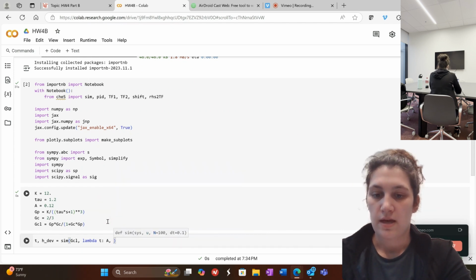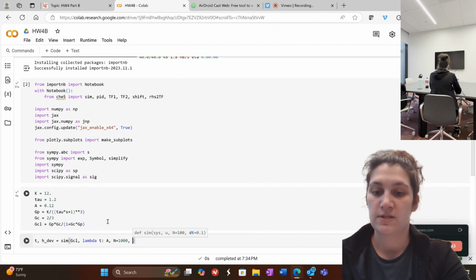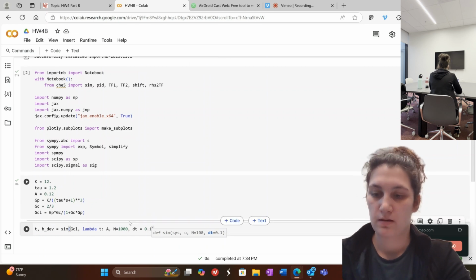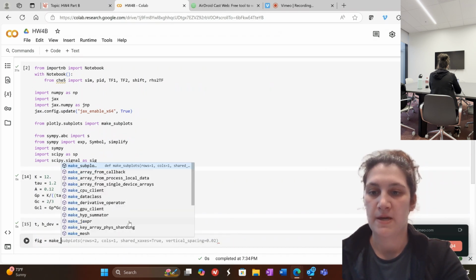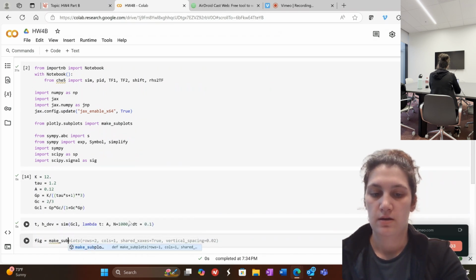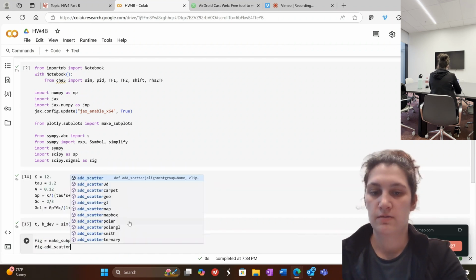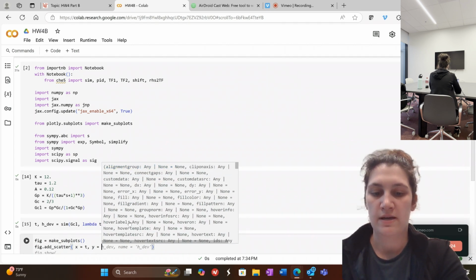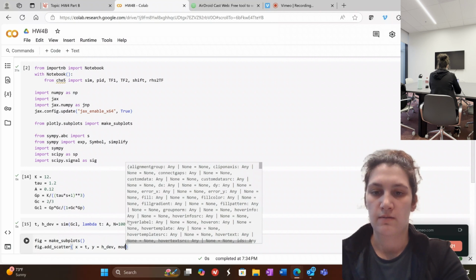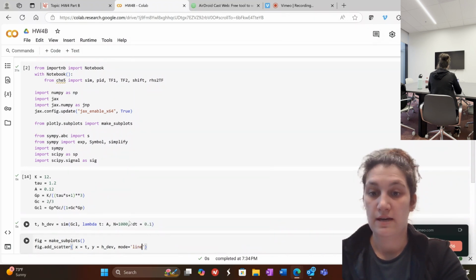Then we need the number of steps, so 2000, and step size, I'm going to say 0.1. Now we are ready to plot, so I'm going to say fig equals make subplots, add scatter, our x is t, our y is hd, and for mode, we want lines.